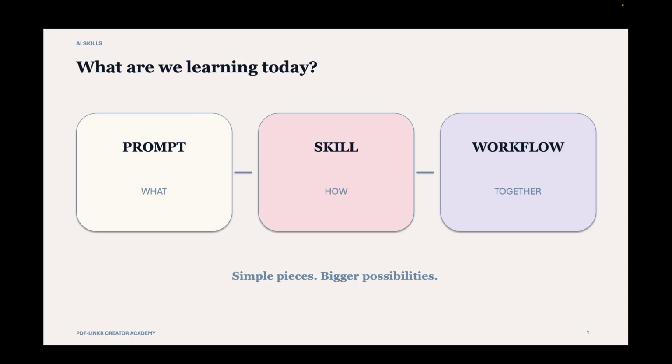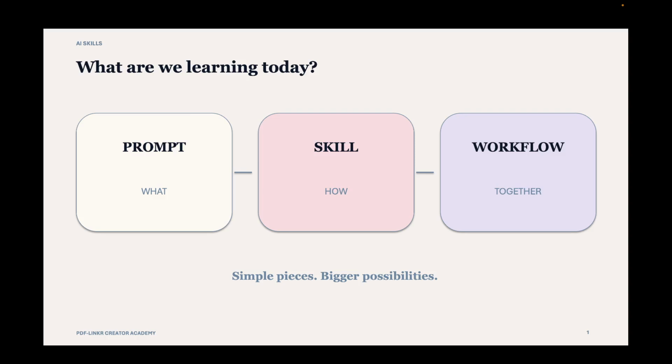So this is what we're learning today. We're learning skills and how we can combine skills to make things easier. Okay. So let's go over what is a prompt. When you open your Chatty or your Claude and you type in what you want it to do, that's the prompt.